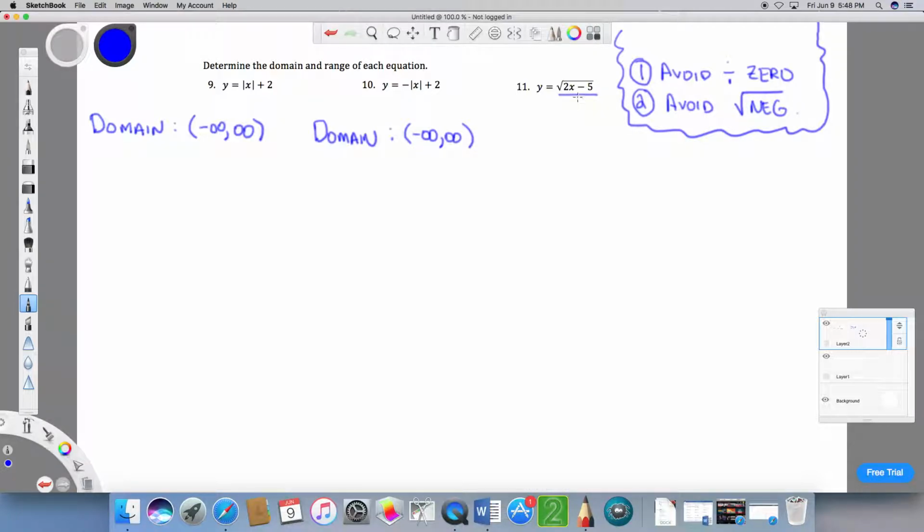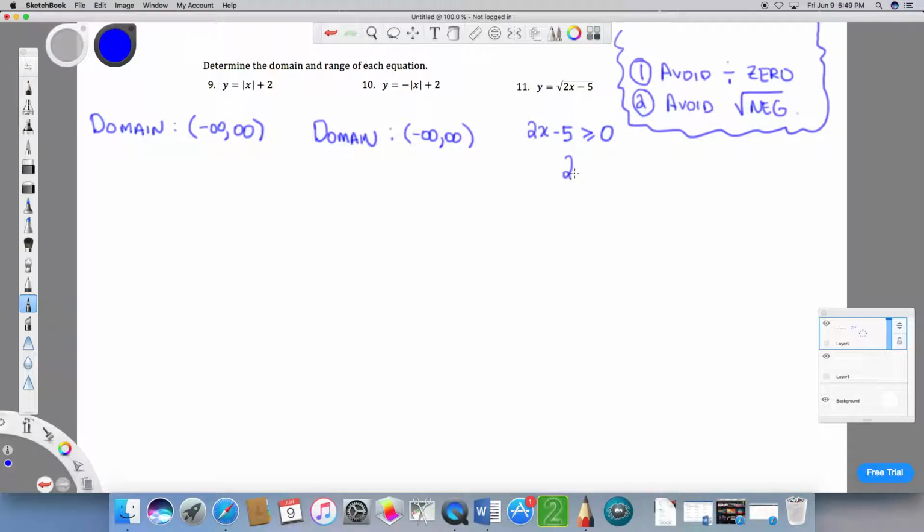Now in number 11 I don't have to worry about division by zero, but I do have to worry about taking the square root of a negative number. This 2x minus 5 has to be a value that's greater than or equal to 0.